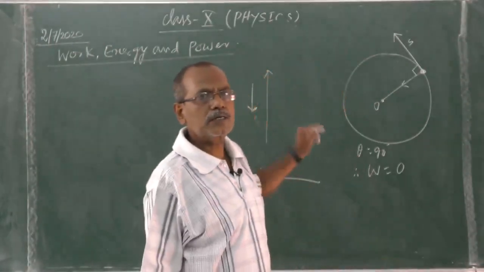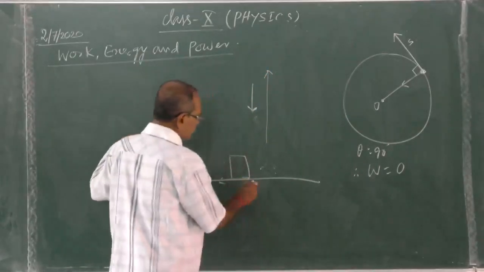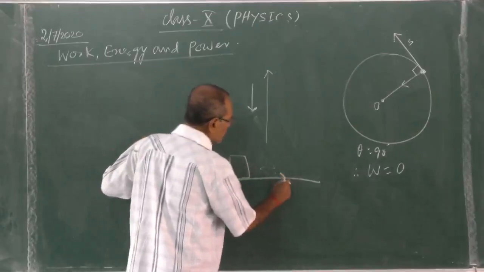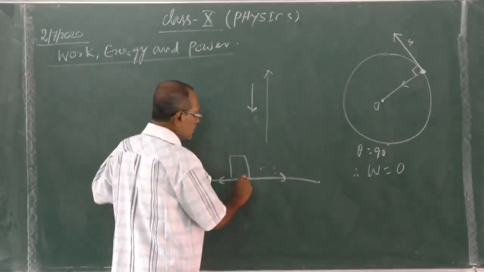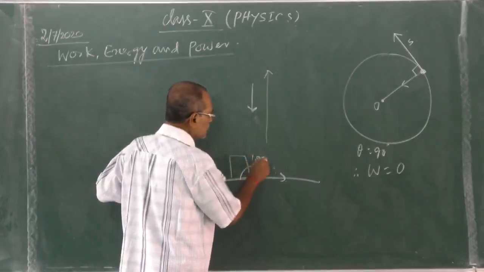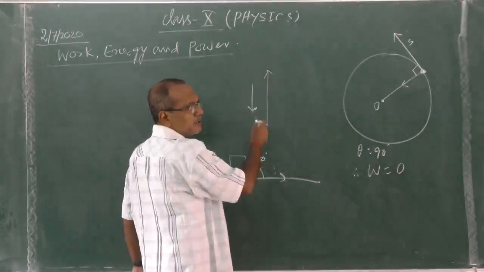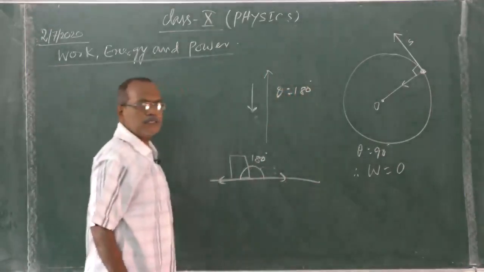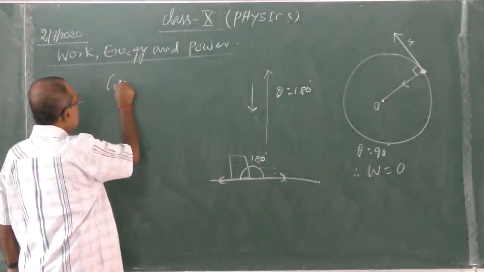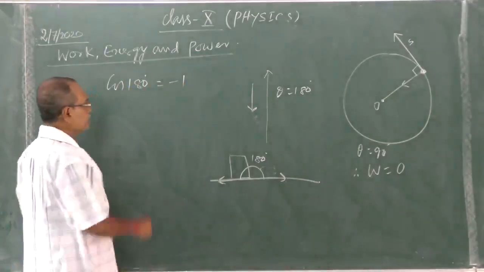Then also work done is negative, because the body is moving in this direction, frictional force in the opposite direction. The angle theta is how much? 180 degree. Here also same thing, opposite direction. The angle theta is equal to how much? 180 degree. So cos 180 degree is equal to -1.